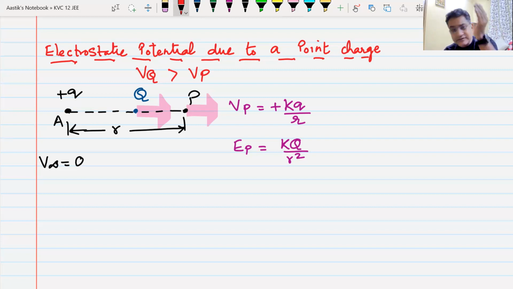What is that relation? I probably told you that once. What is the relation between this pink arrow and whatever I've written in red?